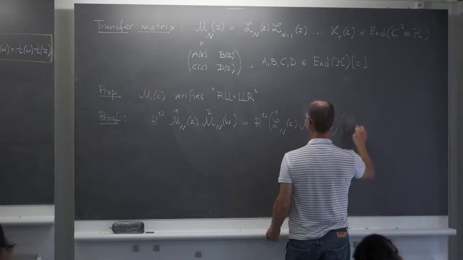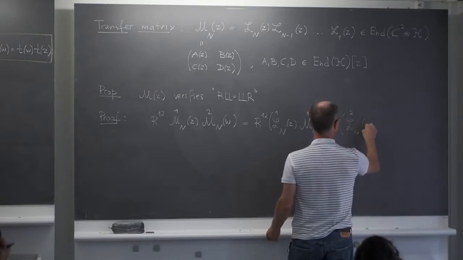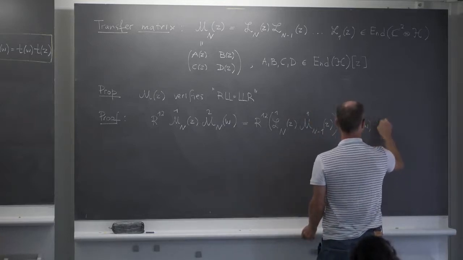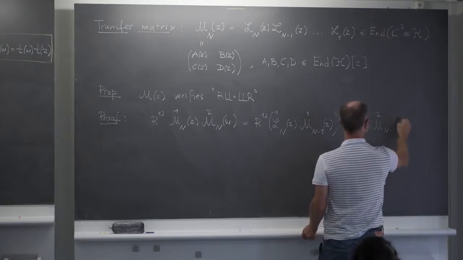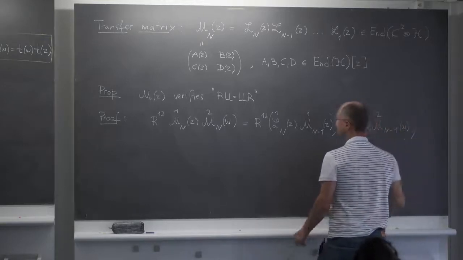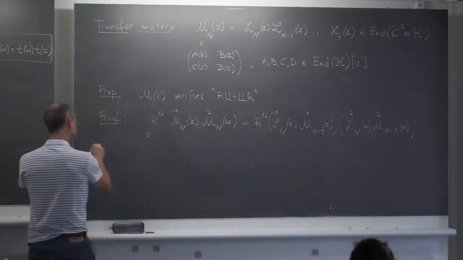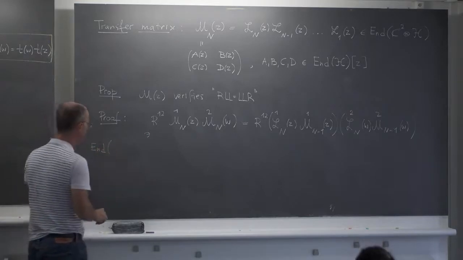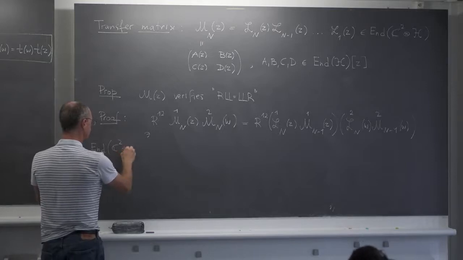And here we have a function of W. Now recall that this identity takes values in the endomorphisms of C2 tensor C2.